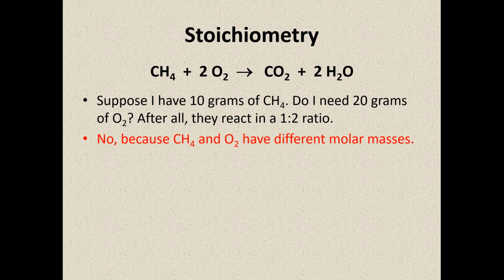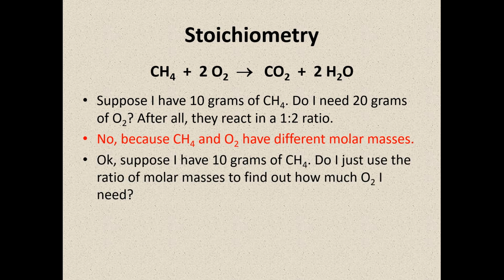So we can't simply say that if I've got 10 grams of one, I need twice as many grams of the other. Conversely, can we ask the question, okay, suppose I've got 10 grams of methane. Do I just use the ratio of their molar masses to find out how much O2 I need? In other words, do I just take the methane and multiply by the molar mass of oxygen over the molar mass of methane?